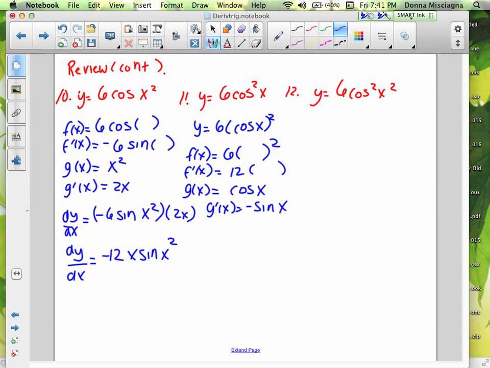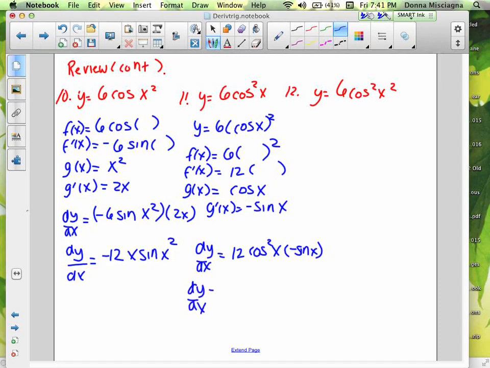So our derivative, dy dx, is going to be the derivative of the outside, 12, and the blop is cosine squared x, times the derivative of the cosine x, which is going to be negative sine x. And don't leave that negative hanging over there.